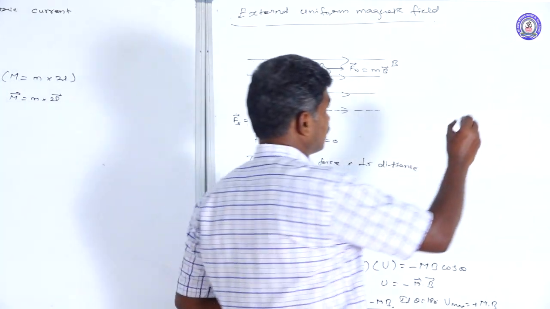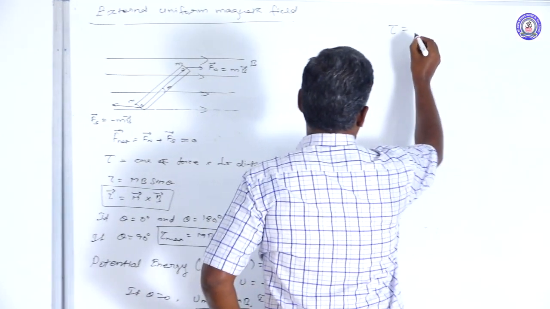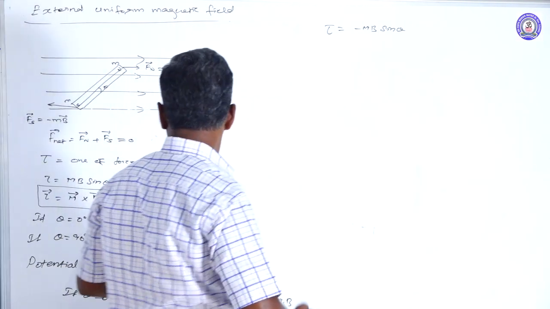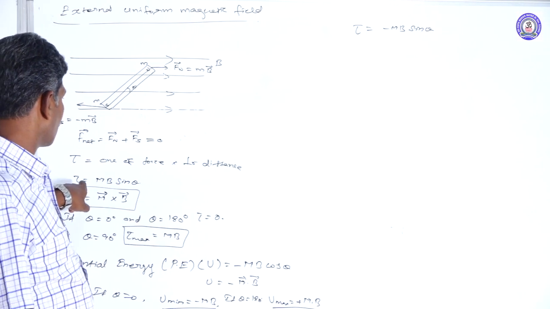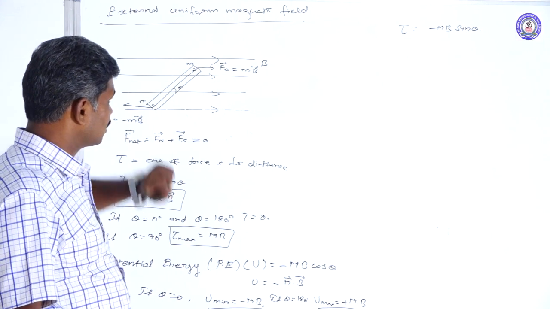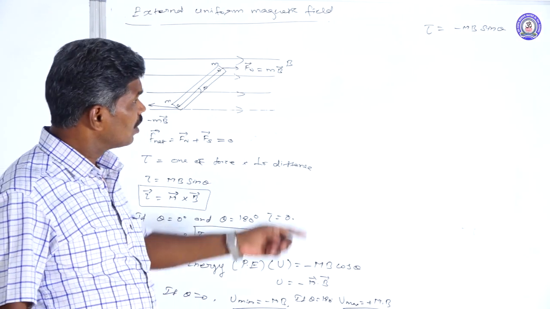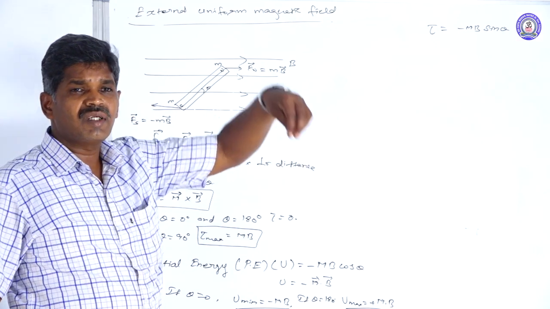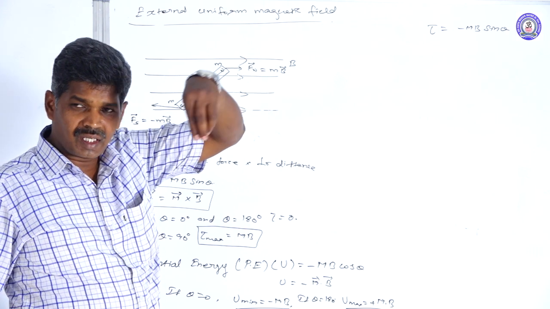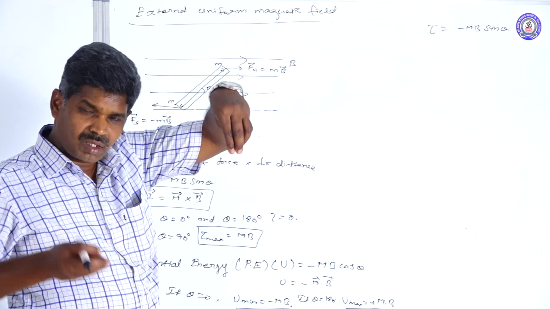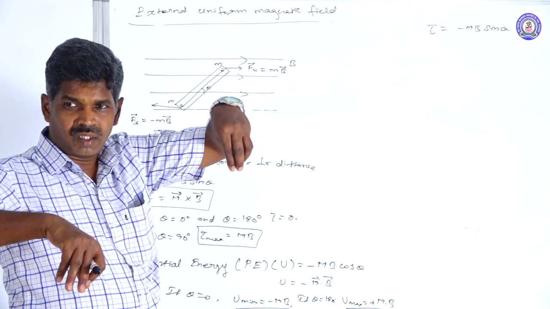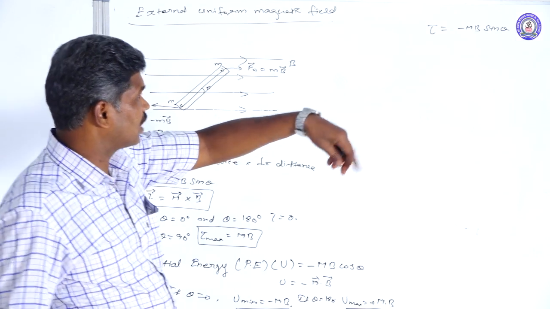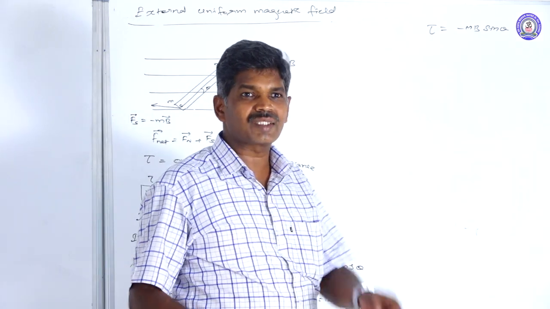That torque can be taken as tau is equal to minus mB sin theta, which acts on the bar magnet. The torque can be taken as minus mB sin theta with a small angle.